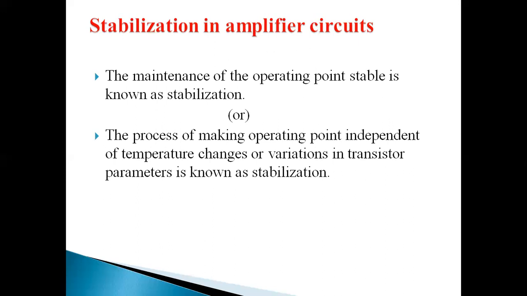Okay, so let me tell some factors. Which are the factors that affect the stability of the operating point? They may be temperature dependence of collector current, change of base to emitter voltage and beta due to replacement of transistor, and the next one is thermal runaway.